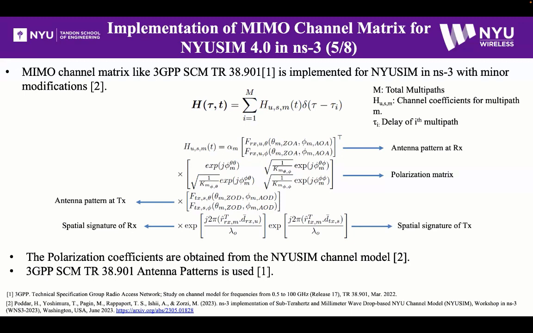However, what differs here is, for example, in the polarization matrix, the polarization coefficients usually come from the measurements that we have conducted in NYU Wireless. Other than that, the antenna pattern, those spatial signatures, have nothing to do in general with the channel measurements that we have conducted or the models that we have created. So wherever possible, we have reused as much as possible to keep a consistent design between 3GPP and NYU Sim.